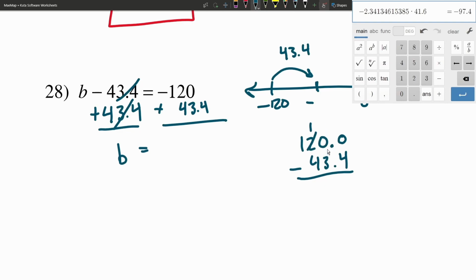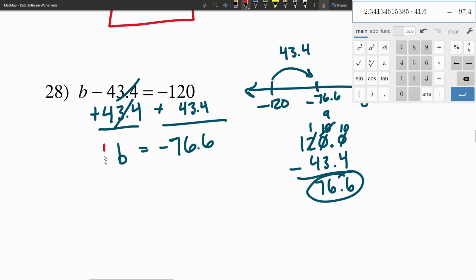So I'm going to make the 2 a 1. This becomes a 10, but I'm borrowing from this, so make that a 9. And now I finally have a 10 over here, which 10 minus 4 is 6, 9 minus 3 is 6, and then 1 minus 4, I can't do that. But look at this, if I borrow, I'm going to wind up with 11. So 11 minus 4 is going to be 7. So this is 76.6, and remember, that is a negative 76.6. So negative 76.6 is our solution in number 28.